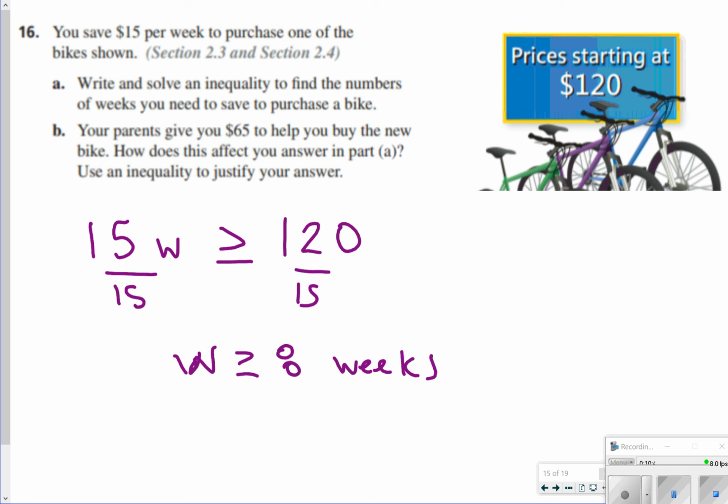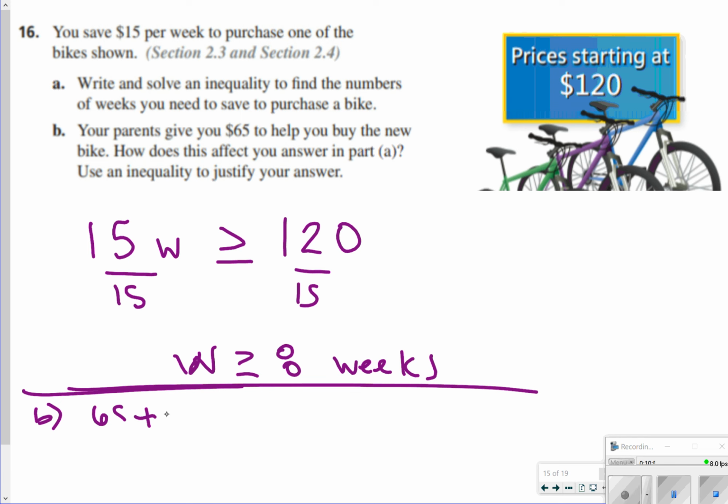And then it says your parents give you $65 to help you buy a new bike. How does this affect your answer in part A? Well, this affects our answer greatly because now in part B, we're going to add $65 onto the $15 a week to save to still get greater than or equal to 120.